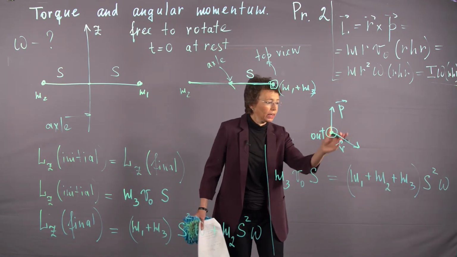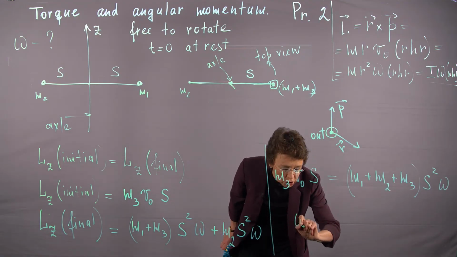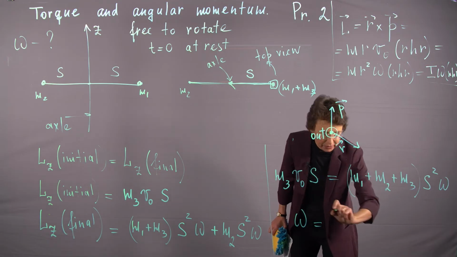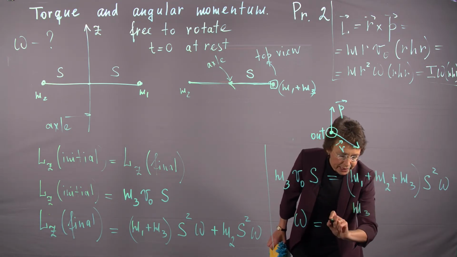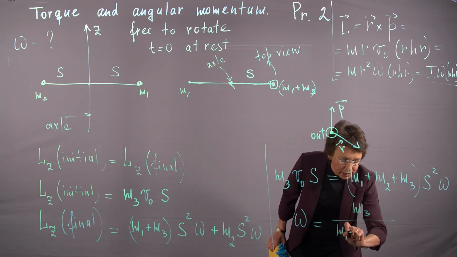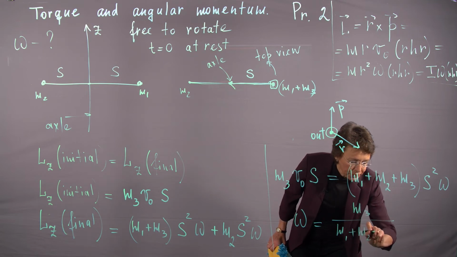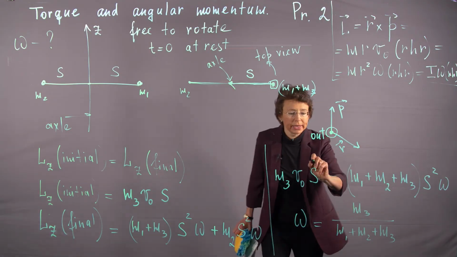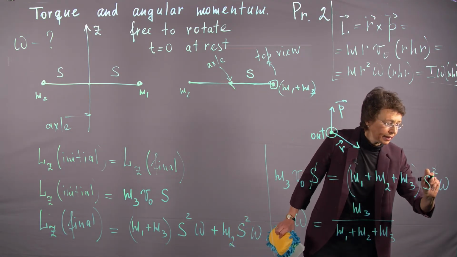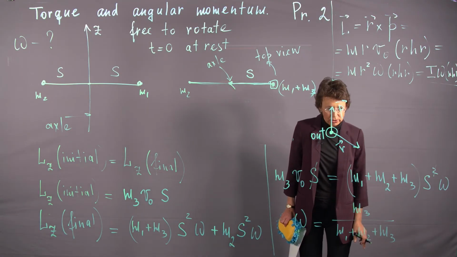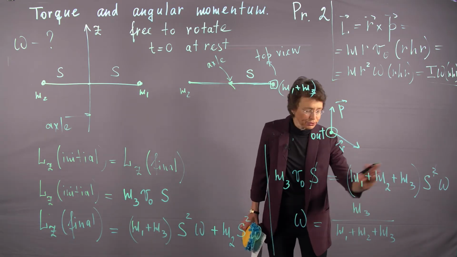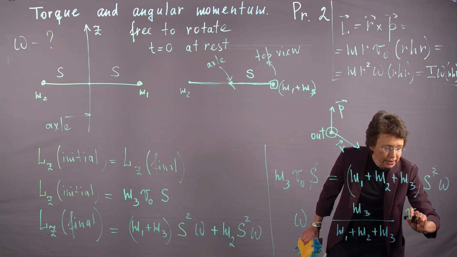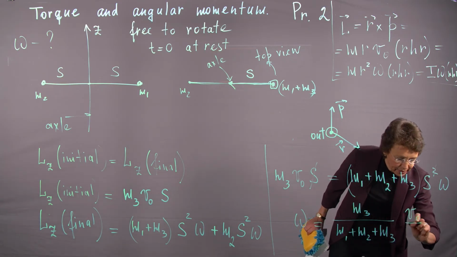Look, I have one equation, one unknown variable, which is omega. We can solve the problem. What is omega? It is M3 divided by M1 plus M2 plus M3. S and S cancel out. And then I have M3 this, and then I have V naught divided by S.